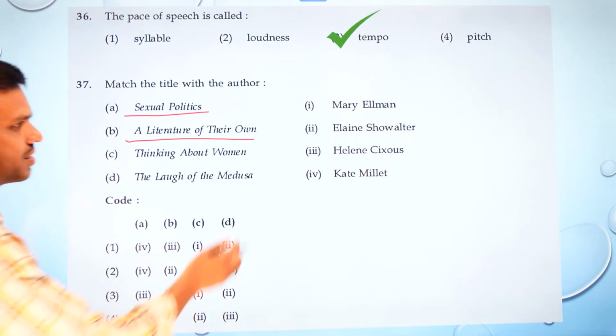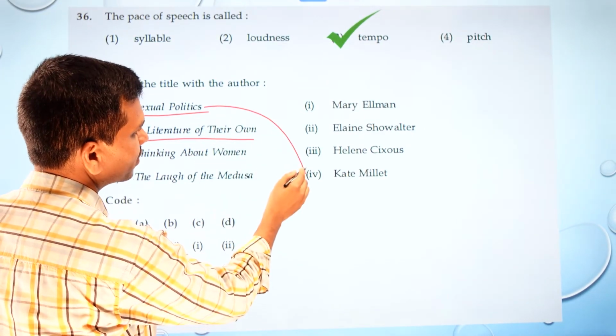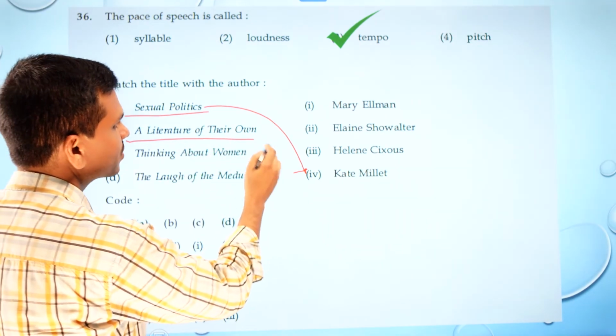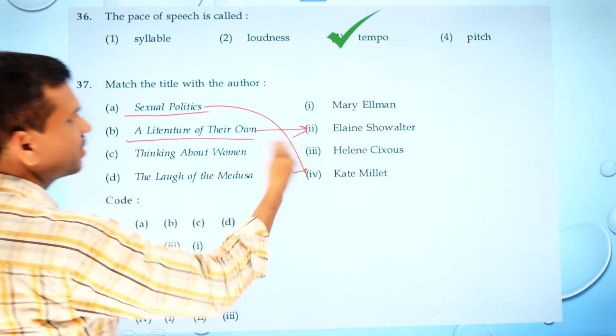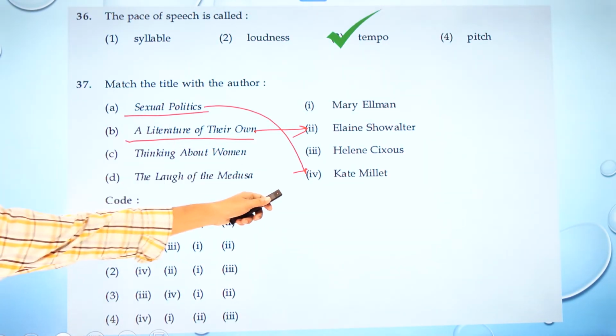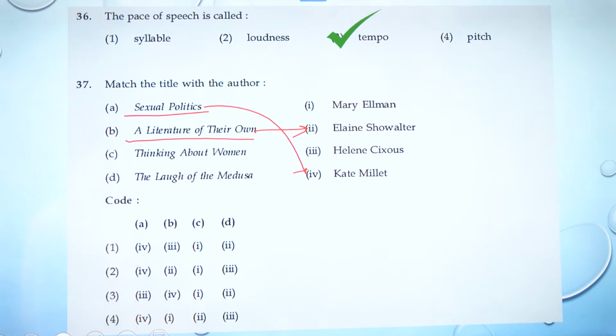Here Sexual Politics is composed by Kate Millett and A Literature of Their Own is composed directly by Elaine Showalter. Now you can find that A is to 4 and B is to 2, and where this pair you find, then you can understand the answer. Here you see 4 here and 3.